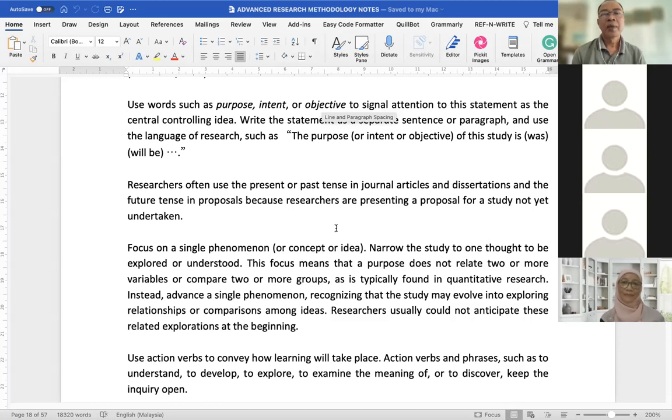For example, the researcher says towards the end, this study is hoped to shed some light on our understanding about such and such. I think it's a good idea also, just a general idea about the benefit of the study towards the end of the problem statement.